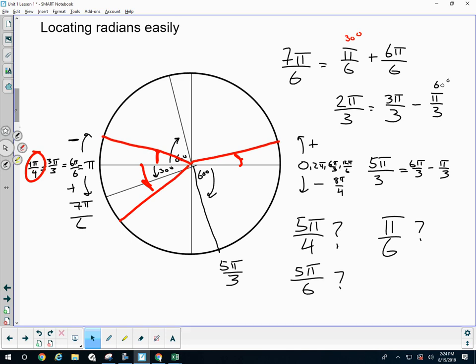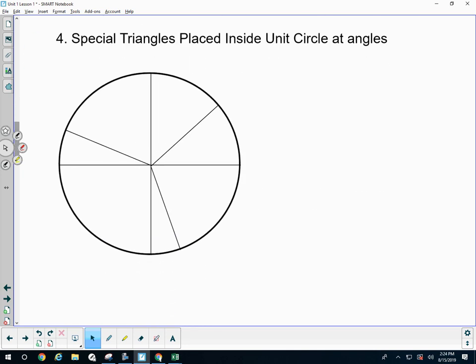This is important because we're going to be able to locate angles like 5 pi over 6. But watch what I can do if I just take the location on my circle and drop down vertically, or put up vertically, a line.